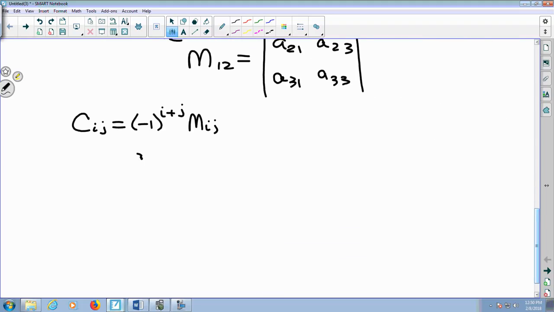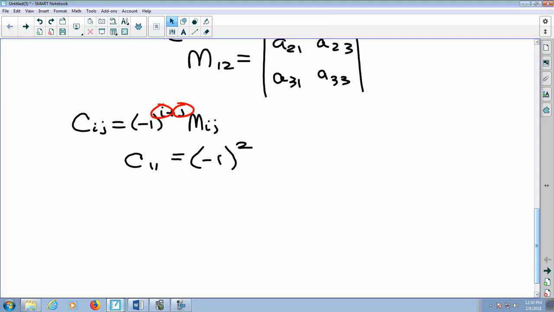So let's try to figure out C11. C11 is going to be -1 to the i plus j power. Well, i is 1 and j is 1, so that would be 1 plus 1 in the exponent, which equals 2. Now we have minor 1,1.